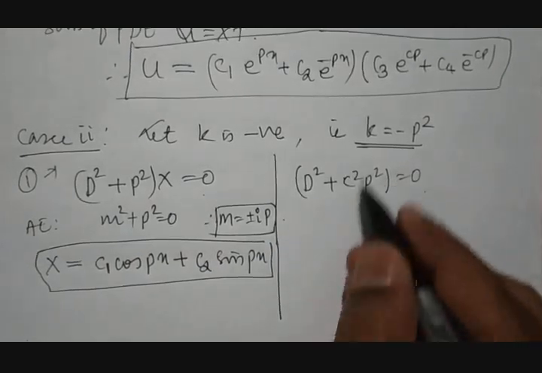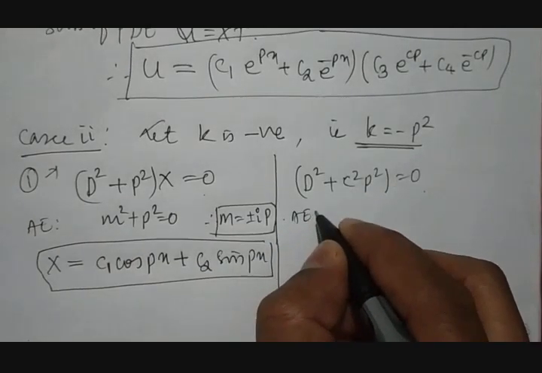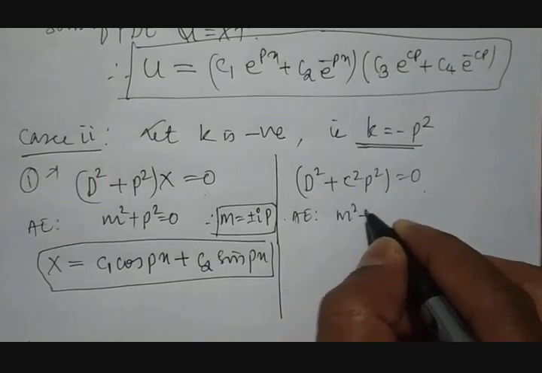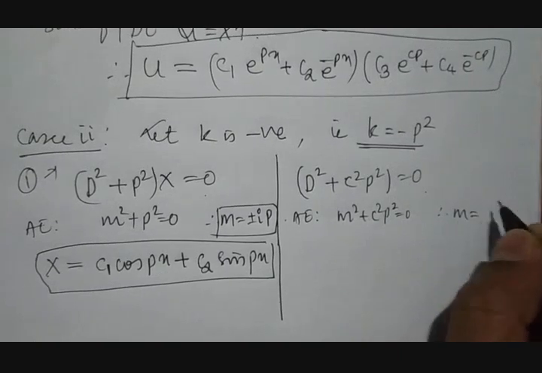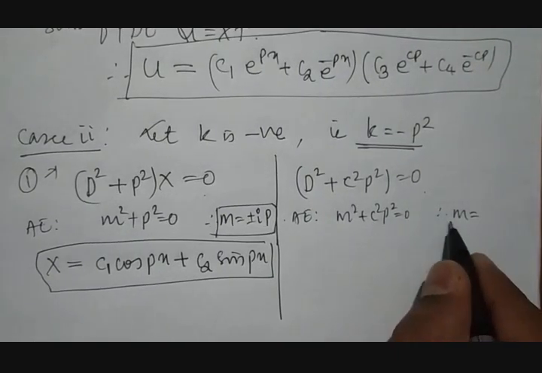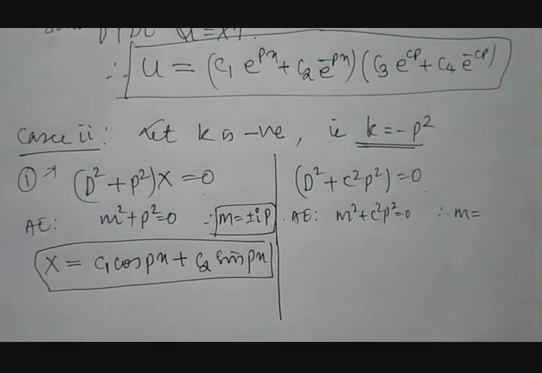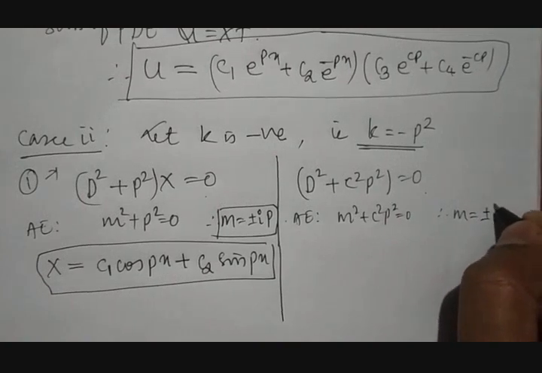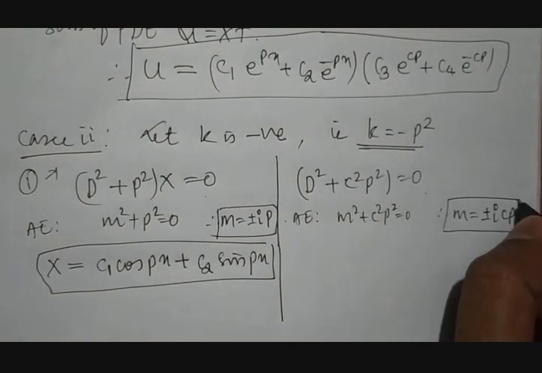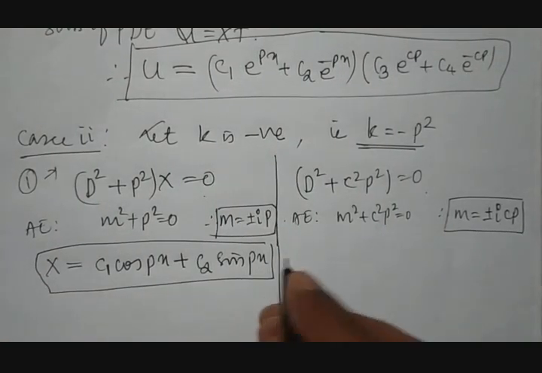And what will be the solution for this equation? Same auxiliary equation, m square plus c square p square equal to 0. Therefore, c square p square goes to the other side, it becomes minus c square p square. Therefore, m is equal to plus or minus i into Cp. This is the root.